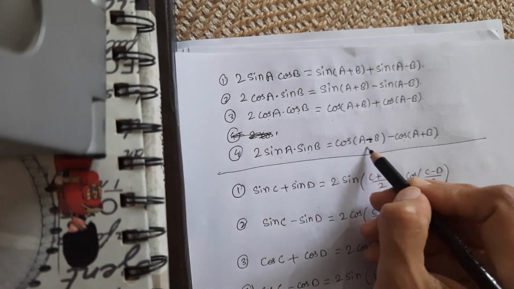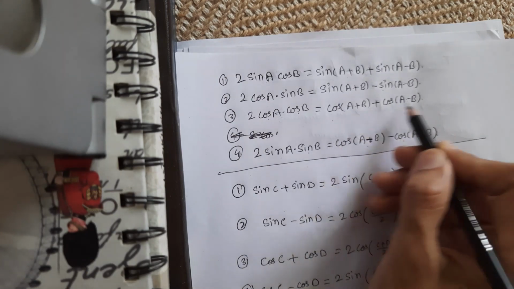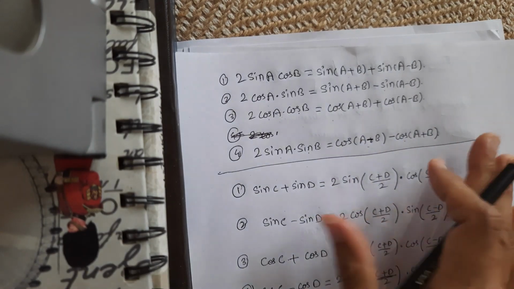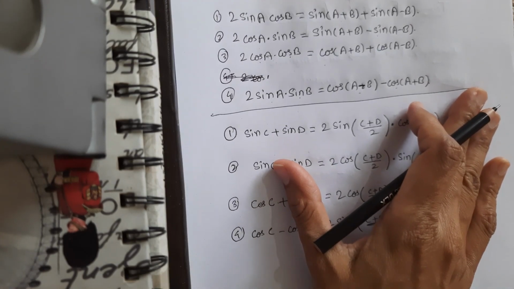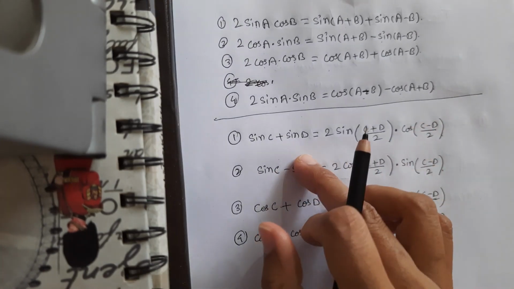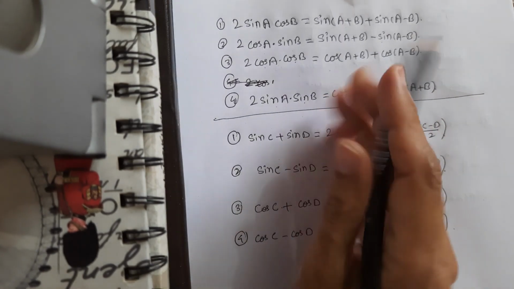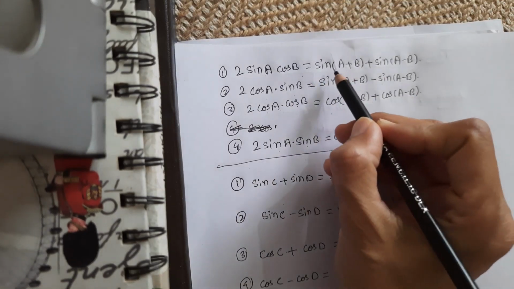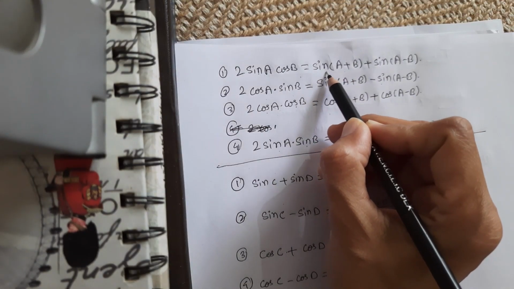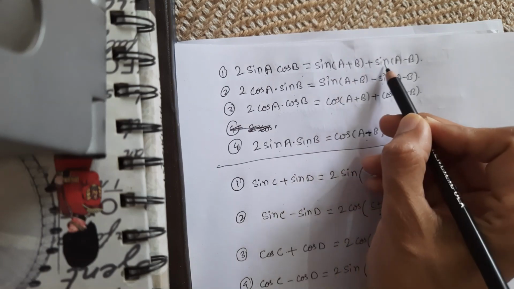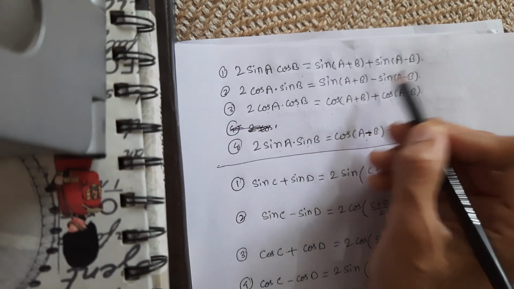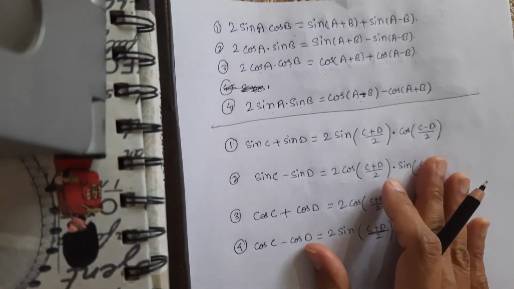Just remember how this combination of A plus B is going to be arranged. This formula we have obtained from this one, and this one we simply obtain by expanding sin (A plus B) plus sin (A minus B) in the similar way that we have just seen.